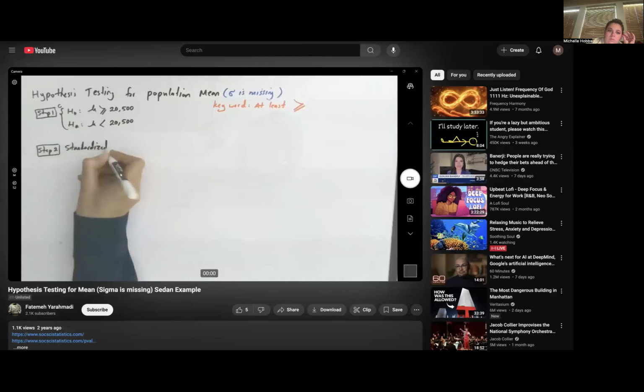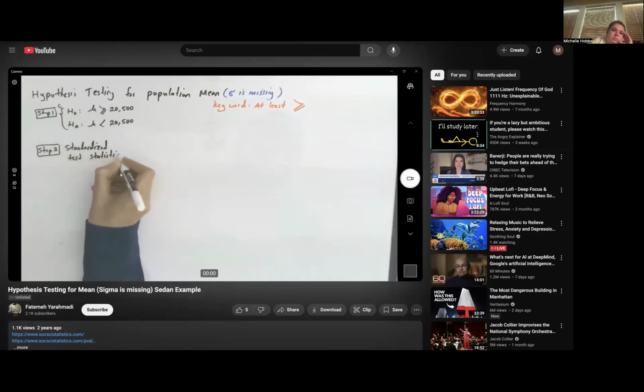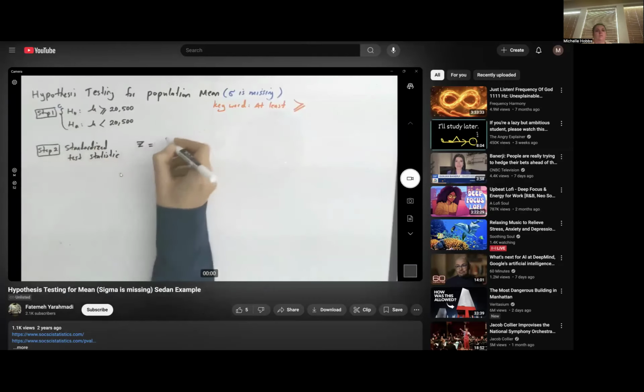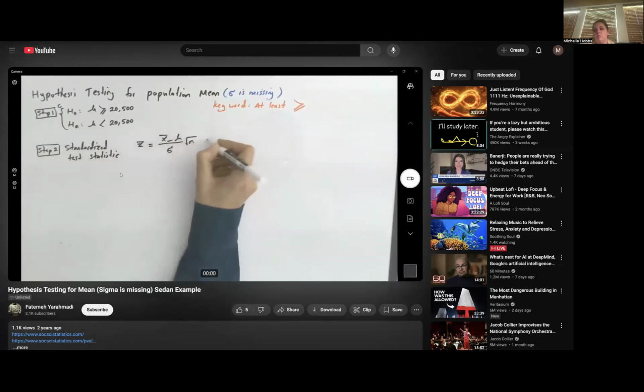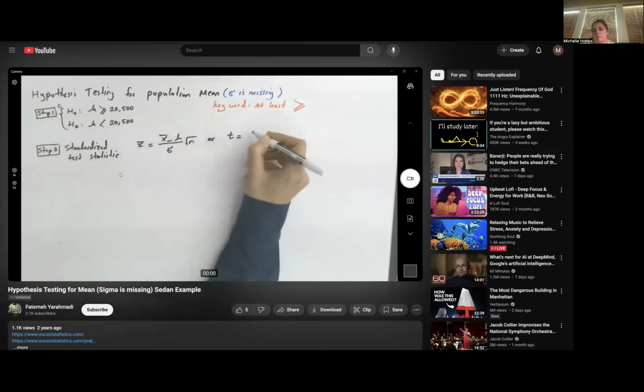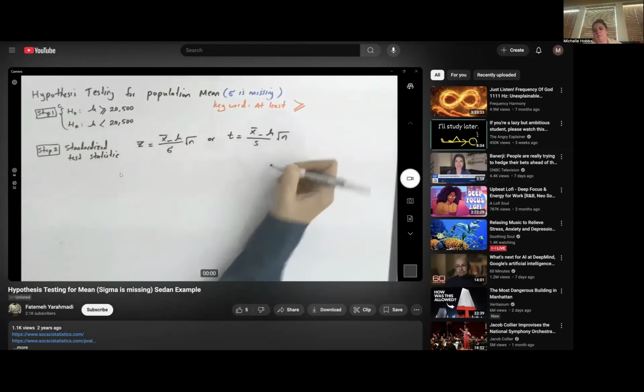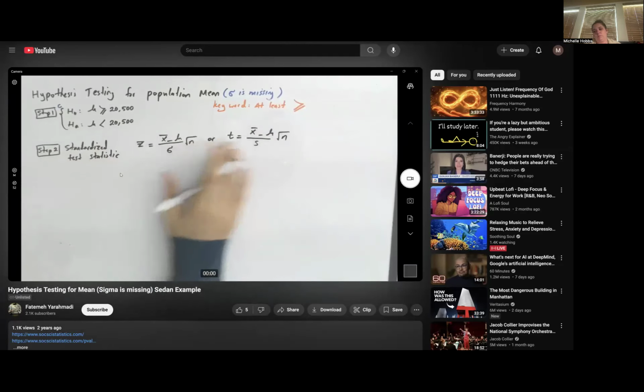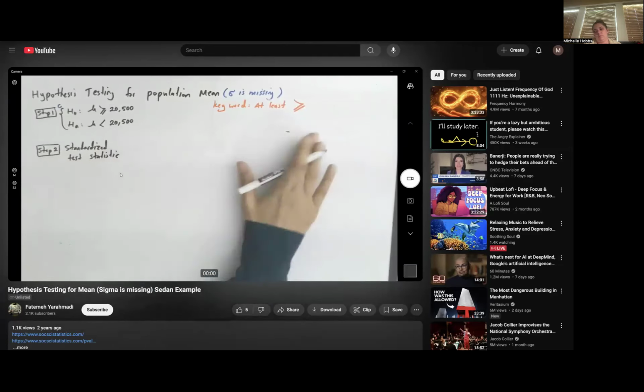Now, in the second step, we need a standardized test statistic. Is it going to be Z equals X bar minus mu divided by sigma over square root of n? Or is it going to be T equals X bar minus mu divided by S over square root of n? Which case are we working with?